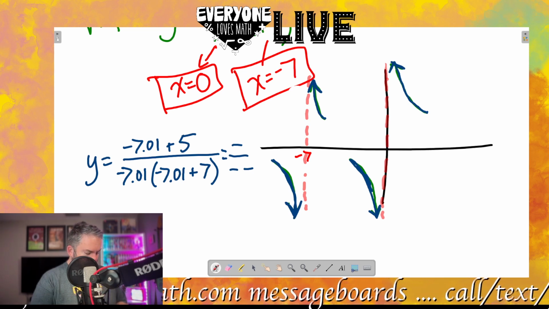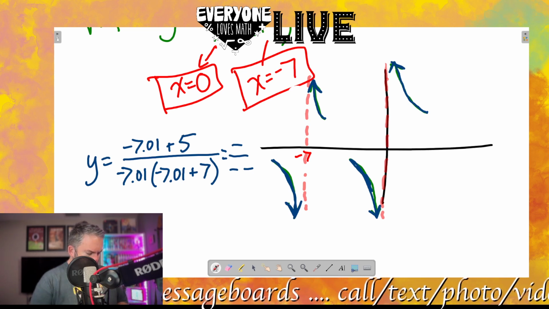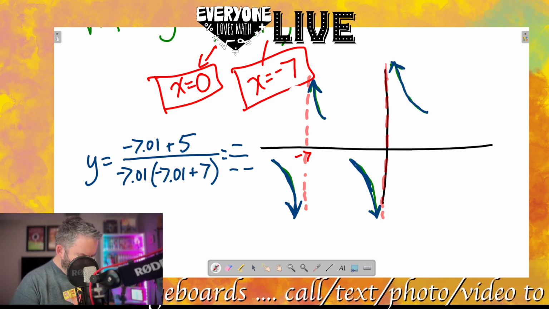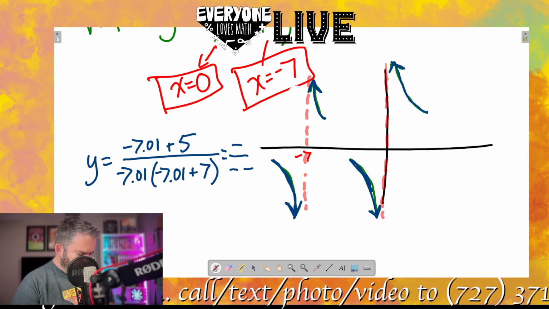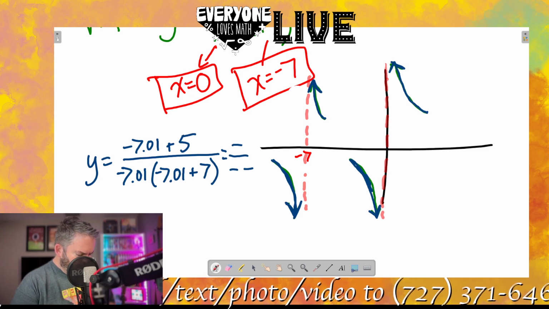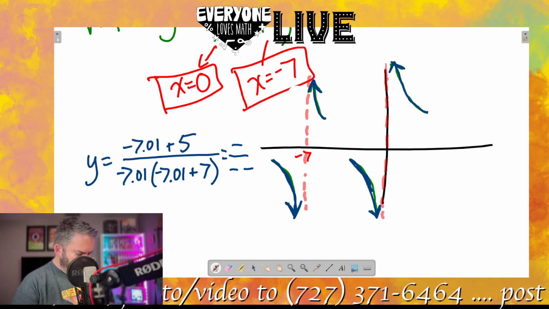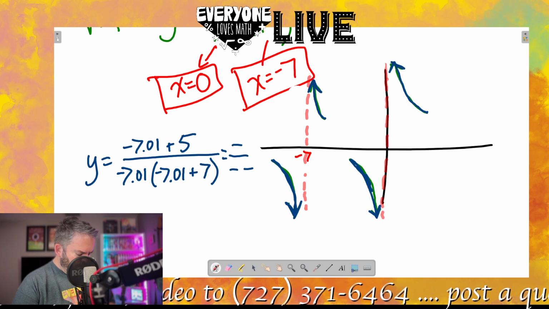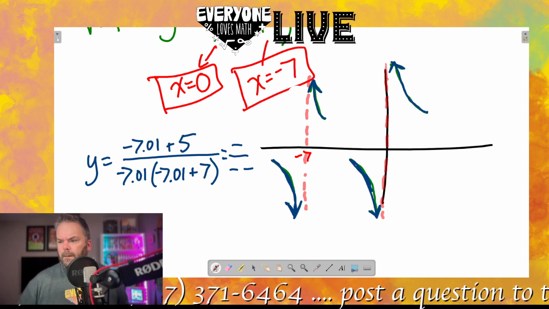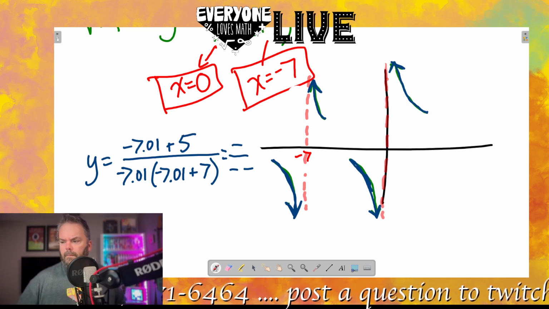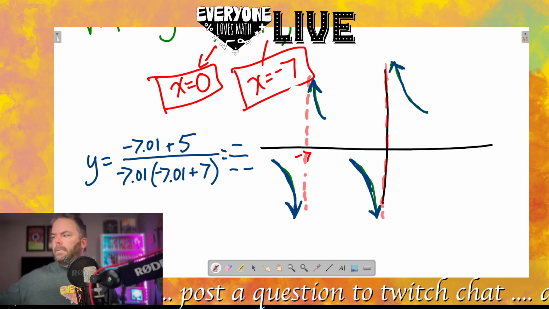Let's see. 949. There we go. It approaches either on both sides of the asymptotes. How does it not like that? Weird. Okay. Huh. Stove.